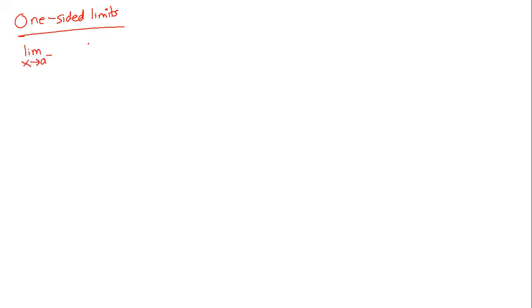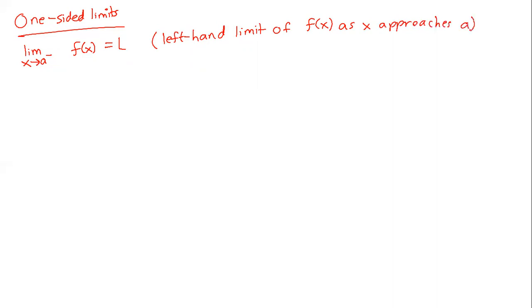This is a one-sided limit on the left: the limit as x goes to a minus of f of x equals L. This is the left-hand limit of f of x as x approaches a. Or alternatively, you could say it's the limit of f of x as x approaches a from the left is equal to L.